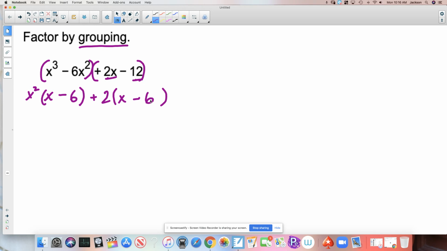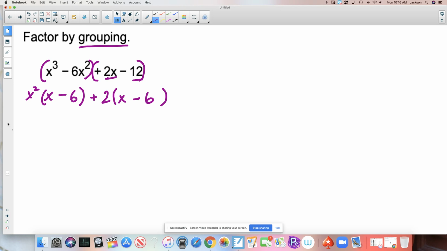If this was a 13, 13 divided by 2 is not 6, right? So the bottom line is this binomial and this binomial need to match. So once you've figured out what's going to get factored away from the first group and the binomial that results from that, you might as well just write that binomial here and say, okay, now I need to take something away from this group to end up with that binomial.